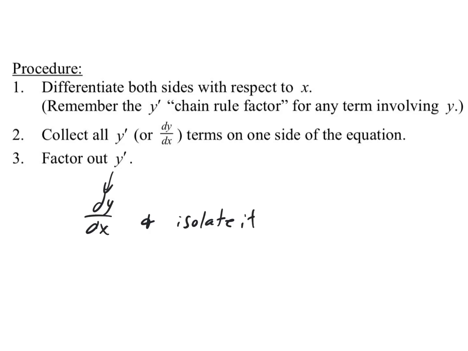Now, one of the things that some of you have asked as we've been working on some of these new rules, product rule, quotient rule, chain rule, that kind of thing. One thing you have to understand is you should, for every single differentiation you ever do, consider the chain rule.